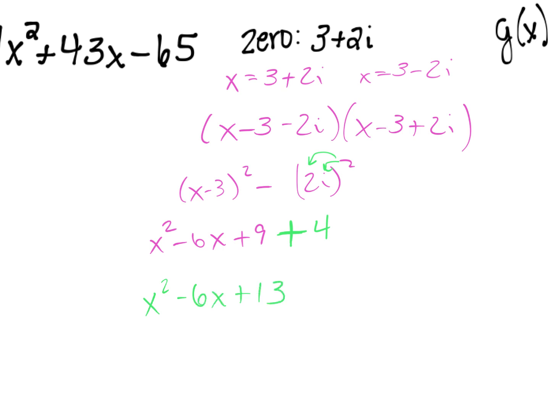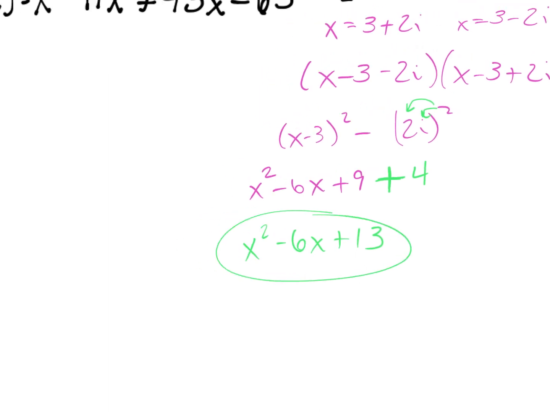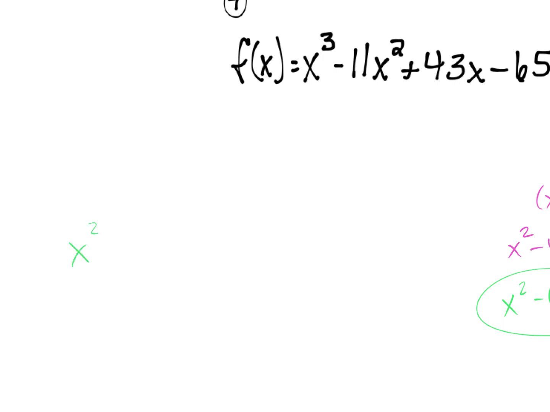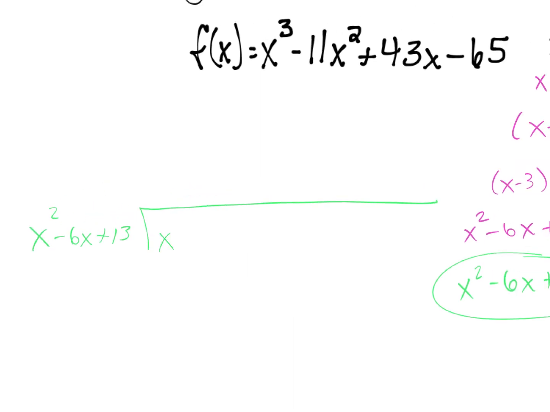You guys are like, okay, well, what was the point of that? The reason that we do that, we've just multiplied them together. You now take this and divide your original polynomial by that. So you have x squared minus 6x plus 13, and you're going to divide that into x cubed minus 11x squared plus 43x minus 65.